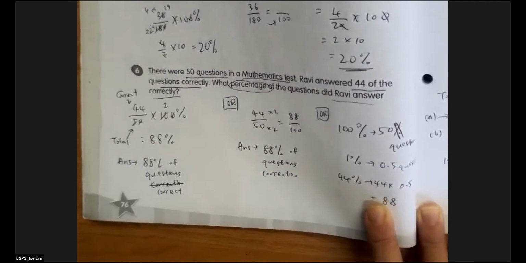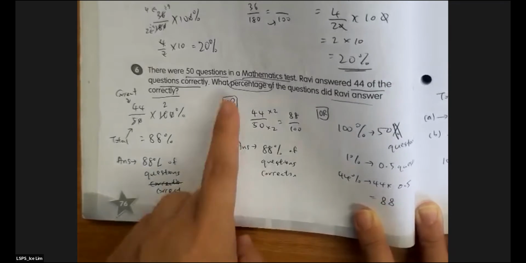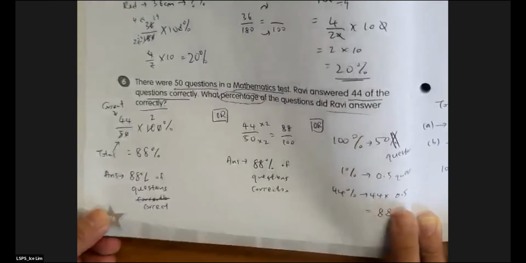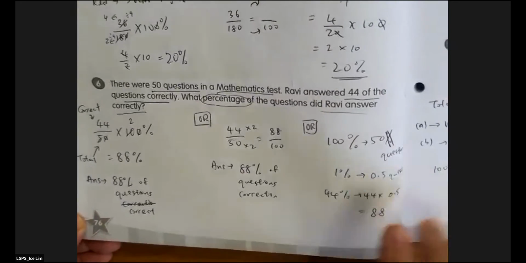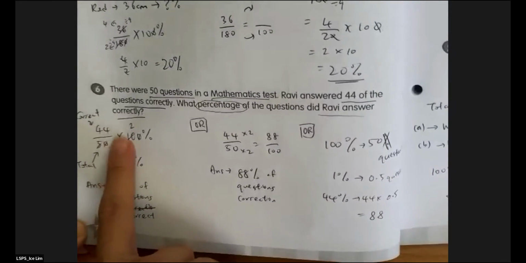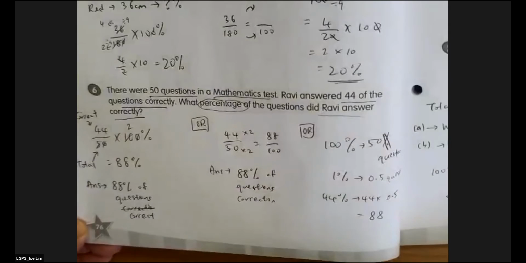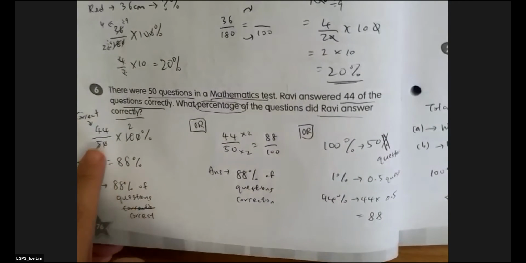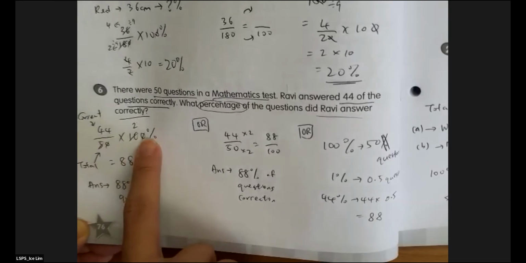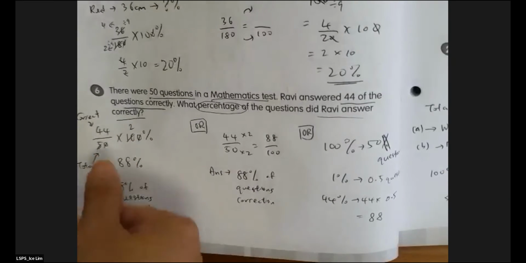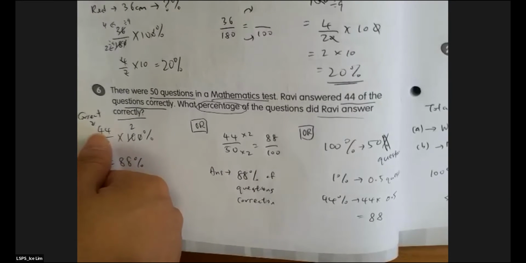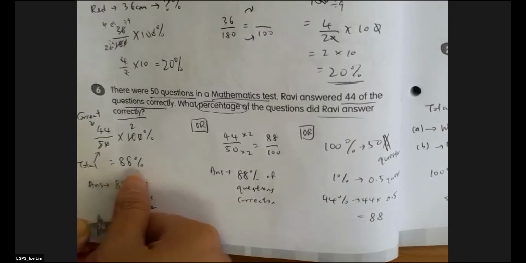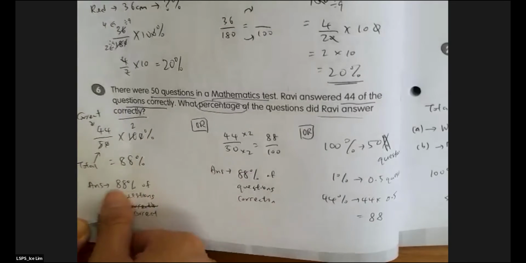Then you calculate the percentage of the correct questions. And there were 3 methods. This one, or this, or this. This is based on the fraction multiplied by 100%. So the number of correct out of the total multiplied by 100% gives you 88%.